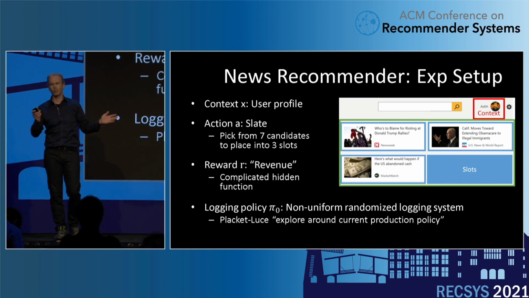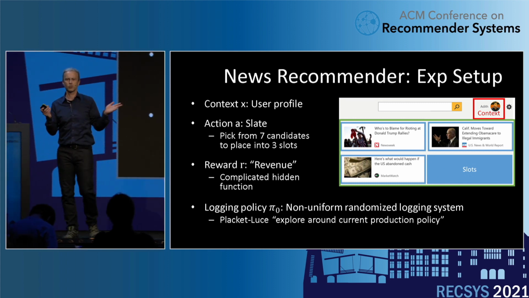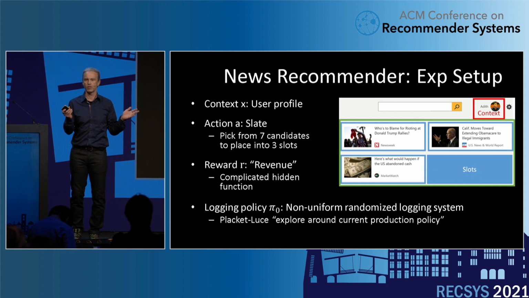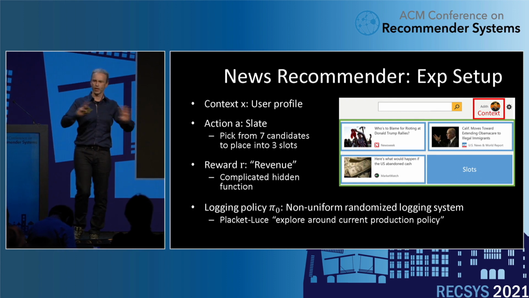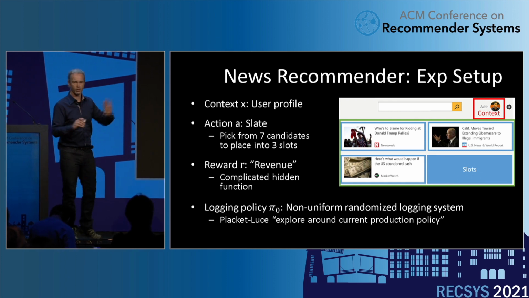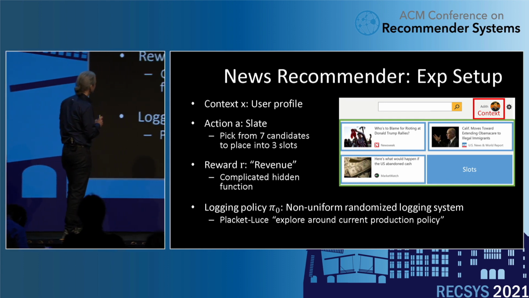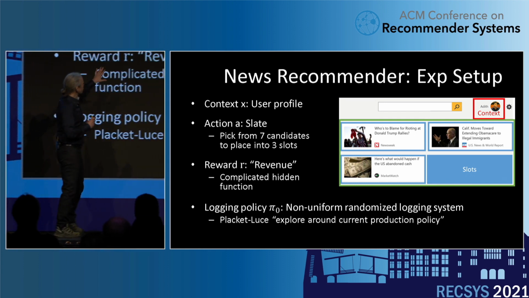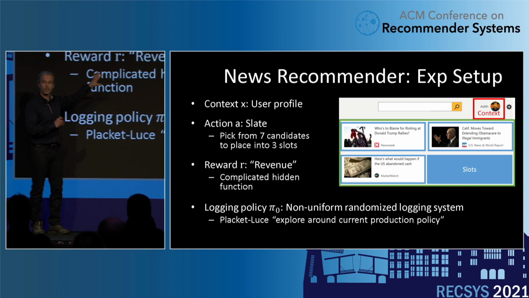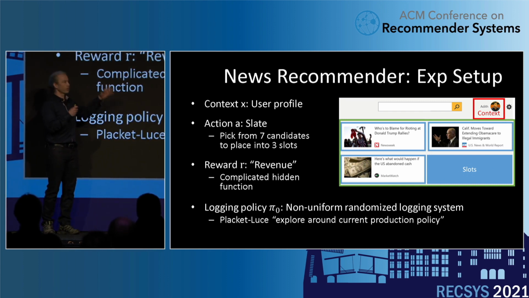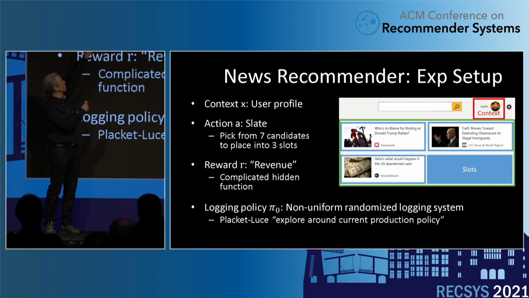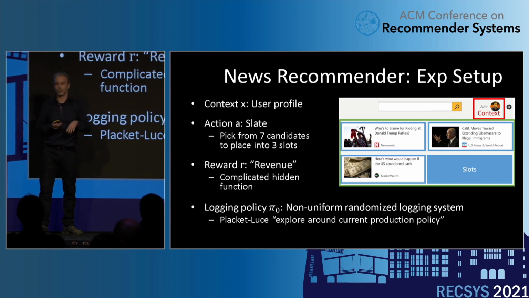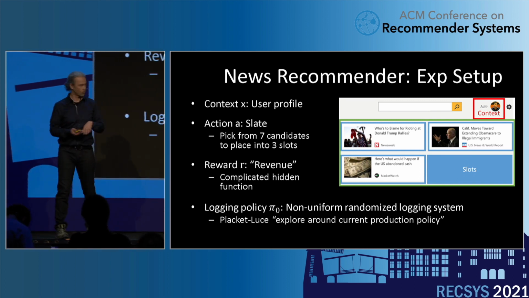So it's not really a big combinatorial problem. It's just 7 choose 3 different actions that we can take, and we forget about the whole combinatorial part. We can just enumerate those. And then there's a reward function that we don't know in the simulation. It's our revenue. It's a complicated function about the match between a context and the action that produces the reward.